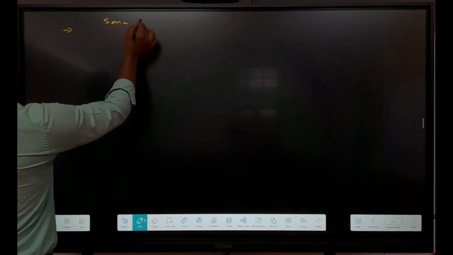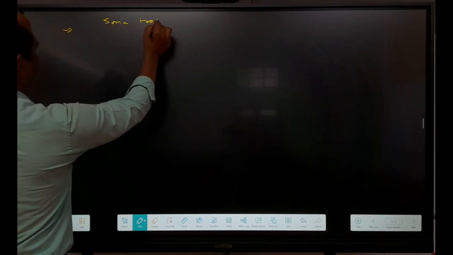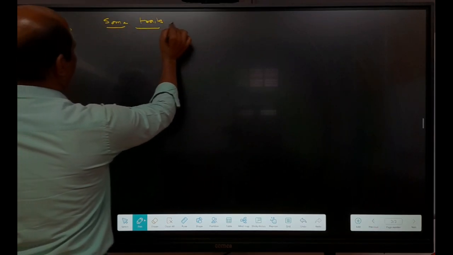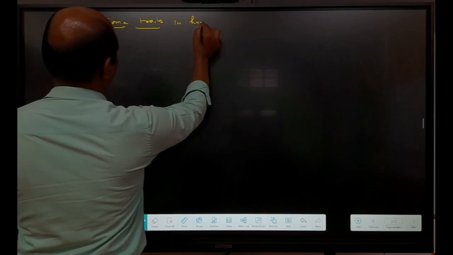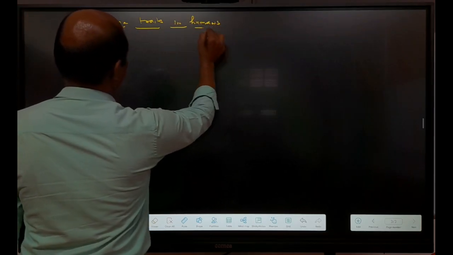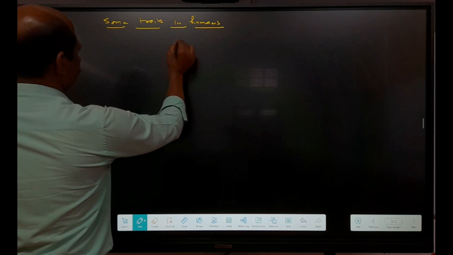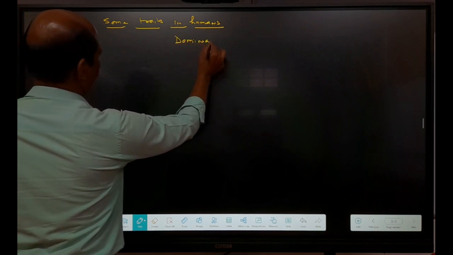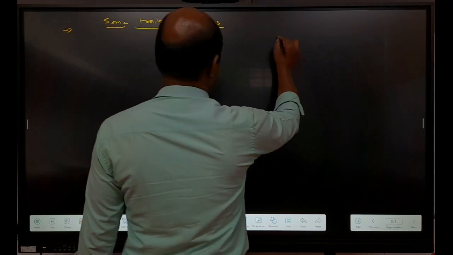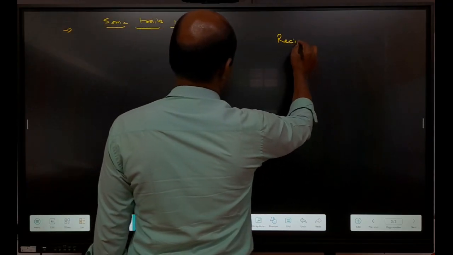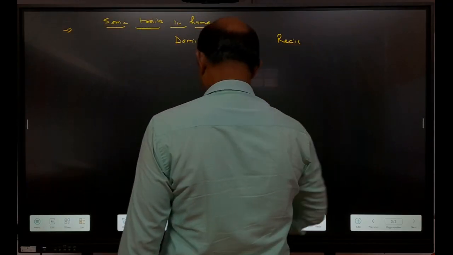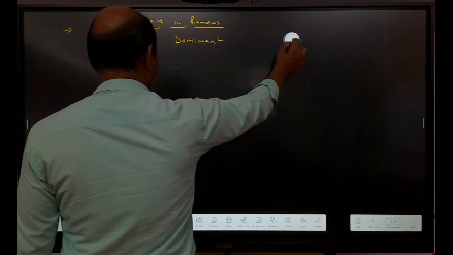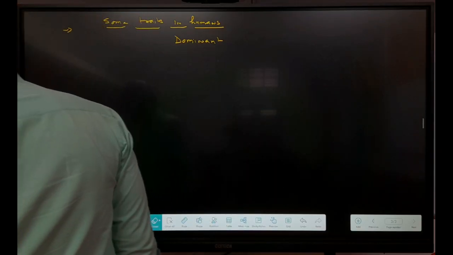Some traits in humans, dominant and recessive.